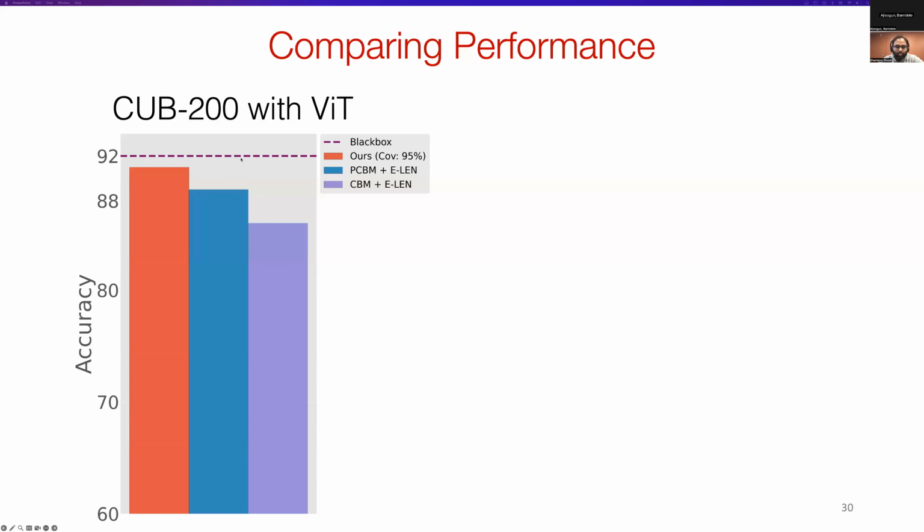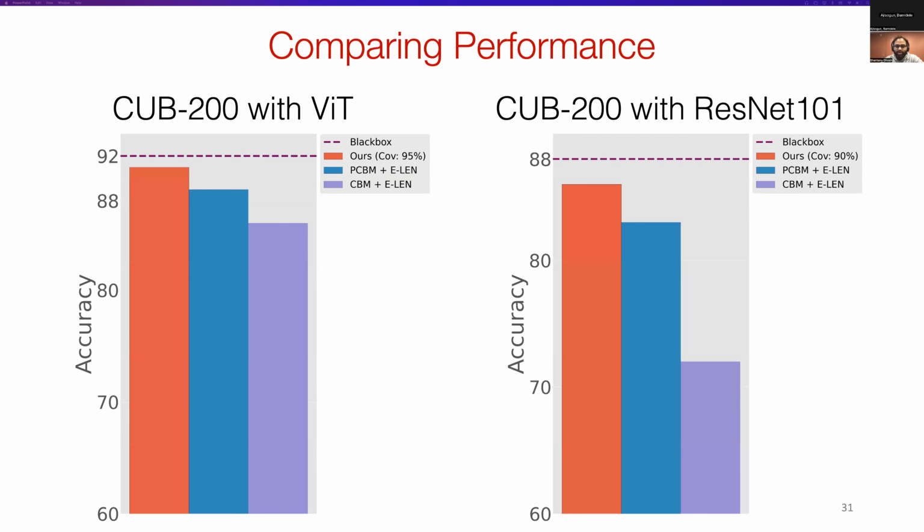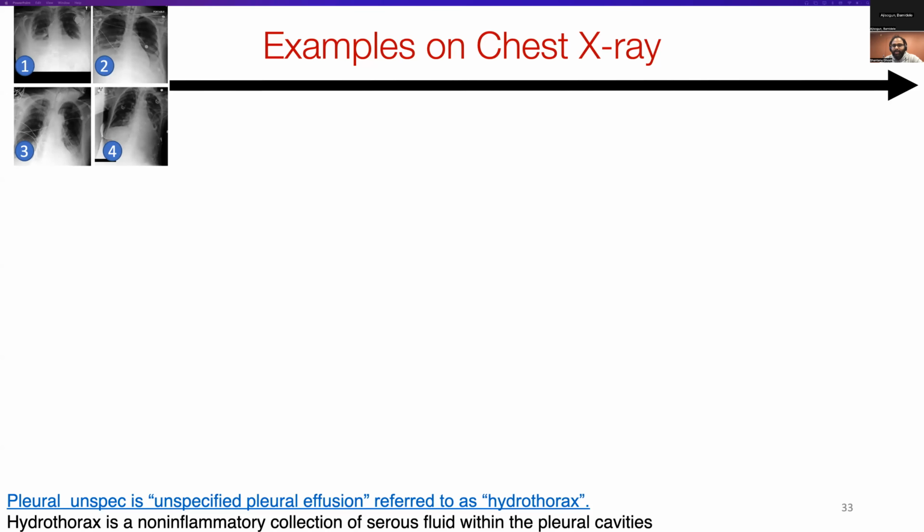You can see that our model outperforms all the different interpretable baselines, and the performance gap between the black box and our model is minimal. And the same story continues for the ResNet, convolution-based black boxes. You can see that the performance gap between the black box and our model is minimal as compared to the interpretable baselines. Now we can see the same thing for chest X-rays.